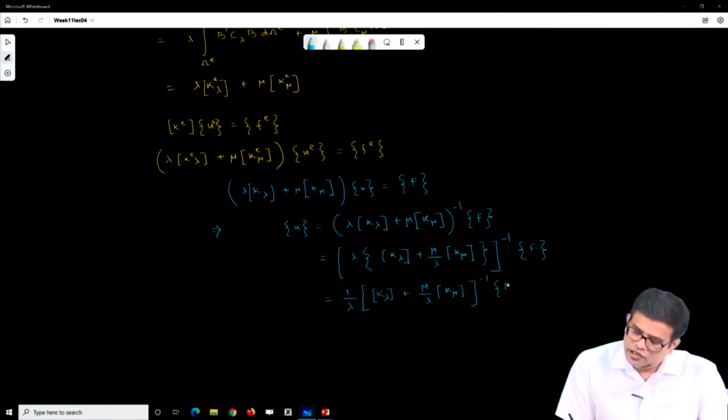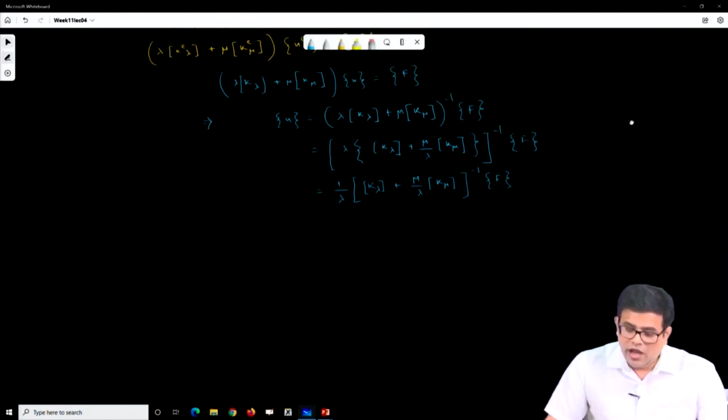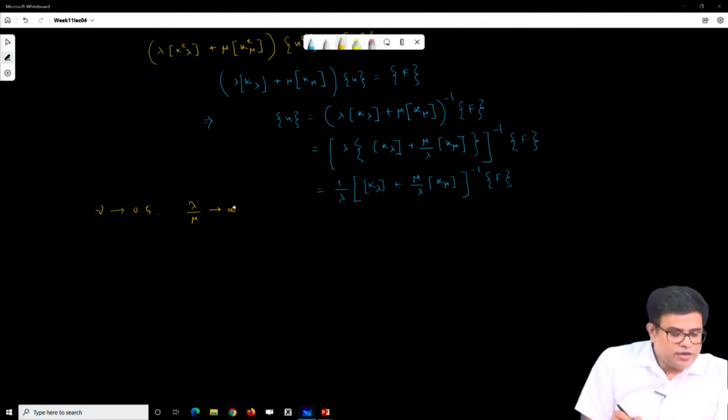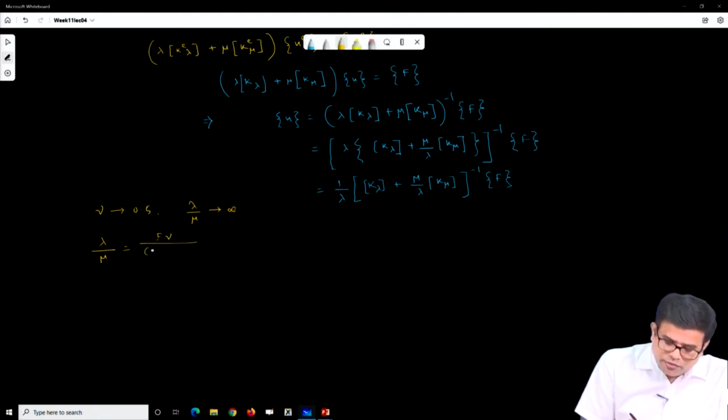Now, as we know, when Poisson's ratio tends to 0.5, the lambda by mu ratio tends to infinity. Why? Lambda is E nu by (1 plus nu) into (1 minus 2 nu), and mu is E by 2 into (1 plus nu).